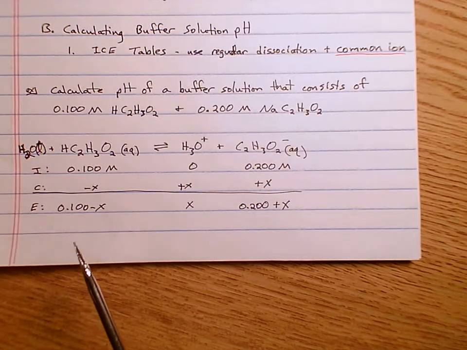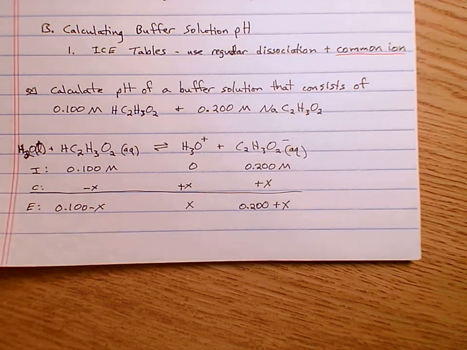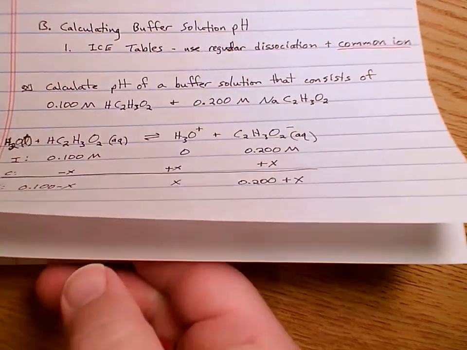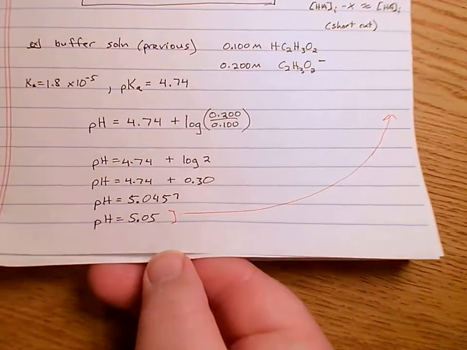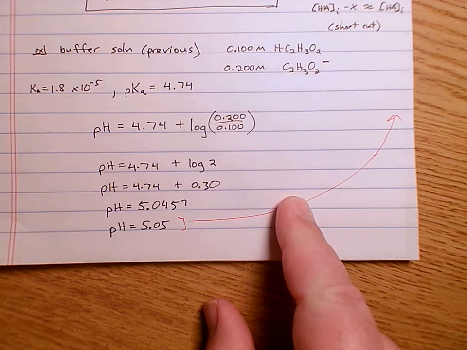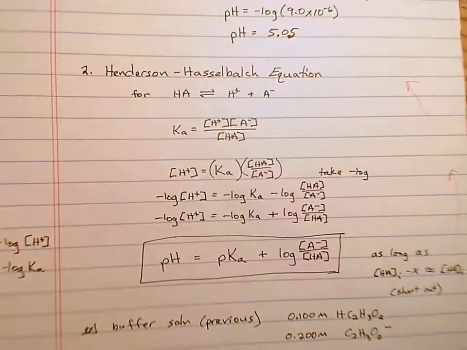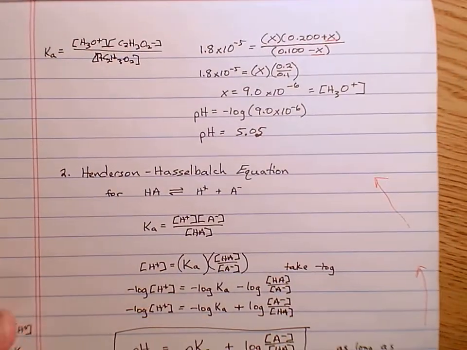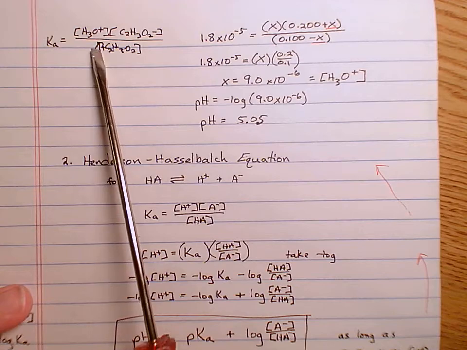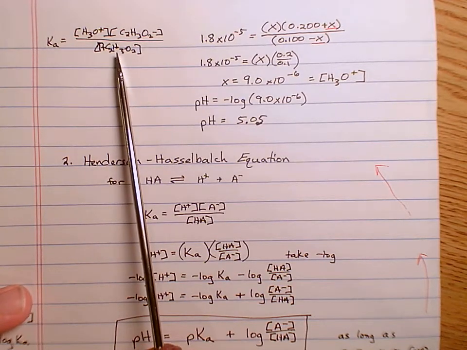Standard ice table stuff we know right now. At this point, we have to plug into our equilibrium constant expression, our Ka expression. We know Ka equals the concentration of H3O plus times the concentration of acetate divided by the concentration of acetic acid.